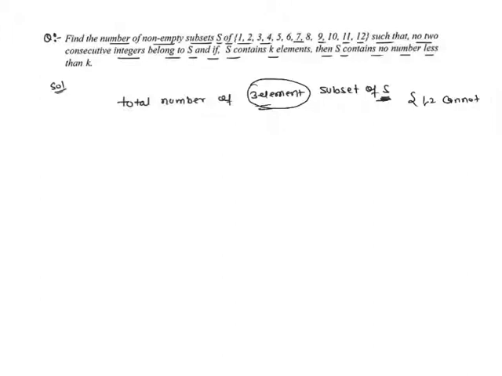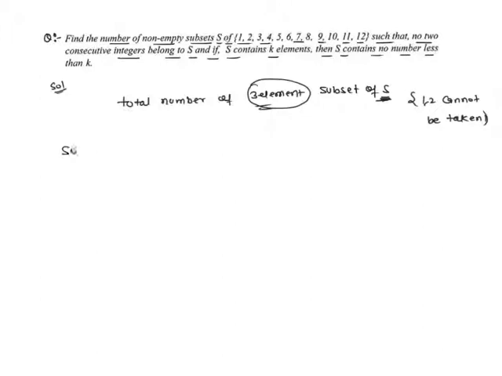Next is the total number of 3 element subsets of S. Element of S should not be less than 3, so 1 and 2 cannot be taken.